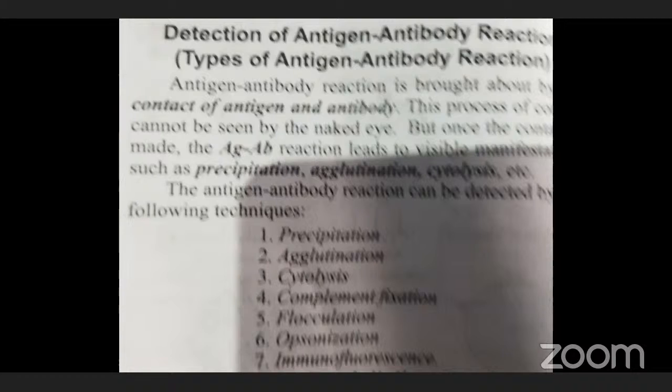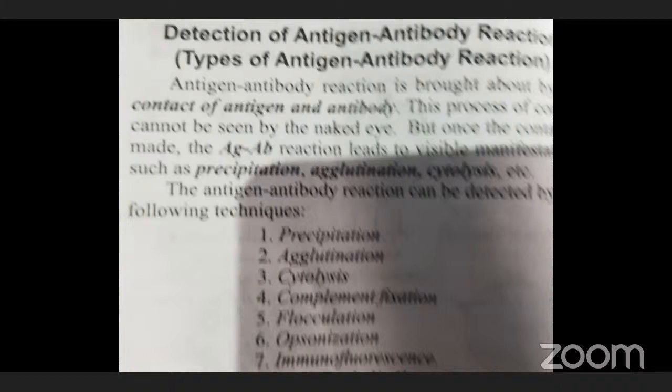So avidity means the capacity of antibodies to combine with multivalent antigens. That level you should know. Affinity means the binding capacity of antibody with univalent antigens. So univalent means affinity and multivalent means avidity. Clear?